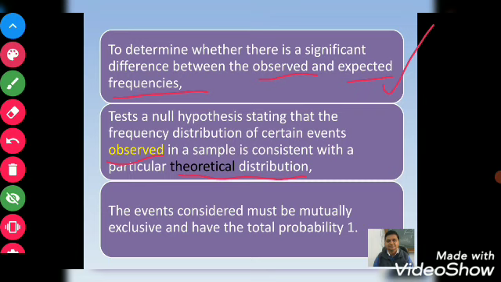Similarly, suppose in the next unit you may be learning about Mendel's law, or you have already learned in your +2 classes. If you remember, the F2 phenotypic ratio in a dihybrid experiment will be 9:3:3:1.